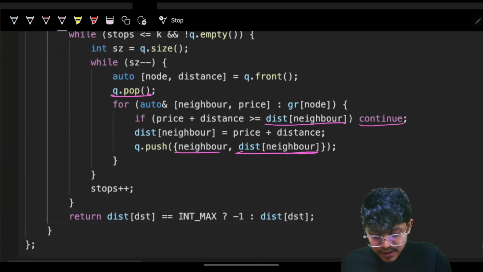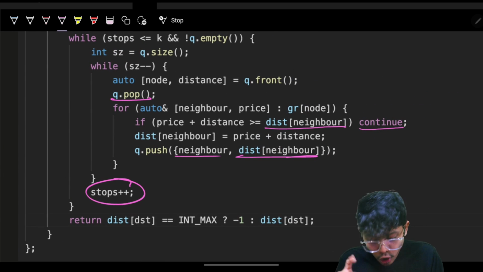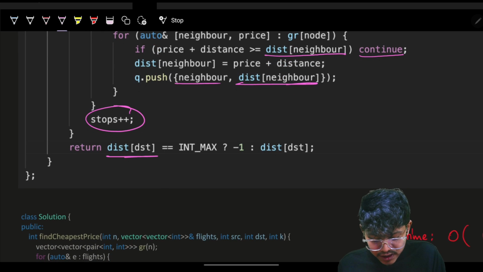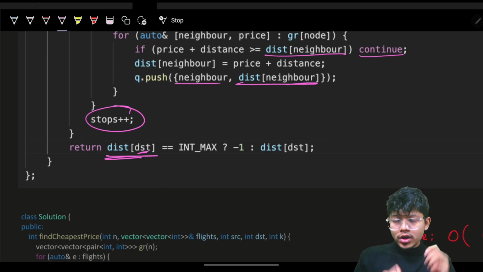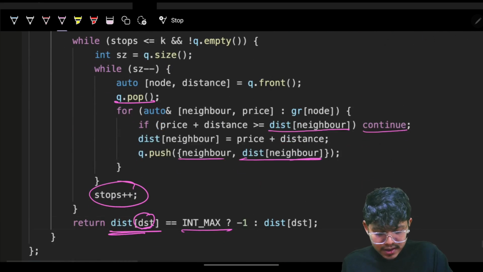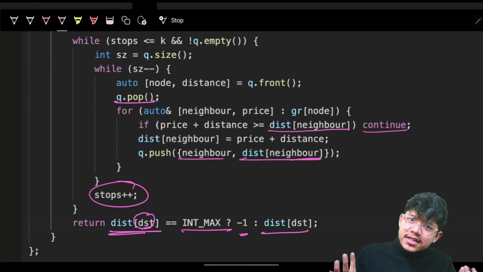Thus you will keep on pushing, but you will try for all these steps. And ultimately if the distance to the final destination you wanted is infinity, which was the default value, then you will simply say -1, else you will simply return the distance.